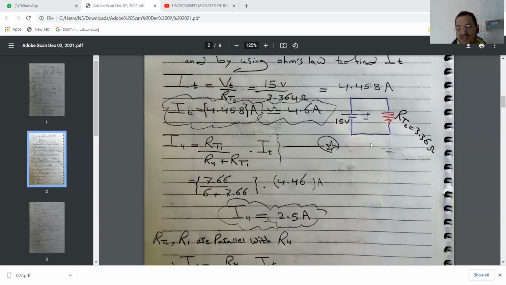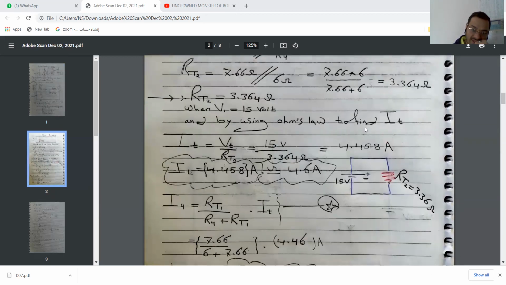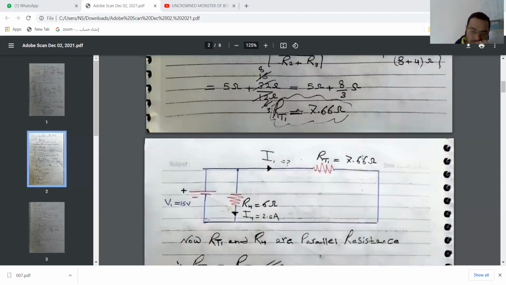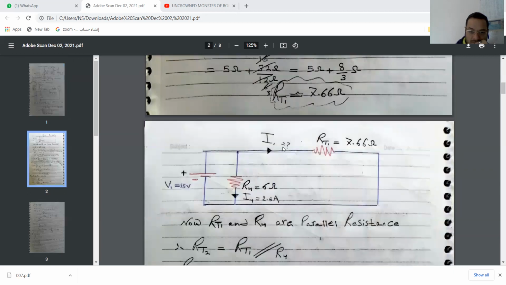All these setups we used to calculate IT, the total current, using the voltage, and we calculated the total resistance. Now, RT1 and R1. We can say this resistance here is in series with R1.